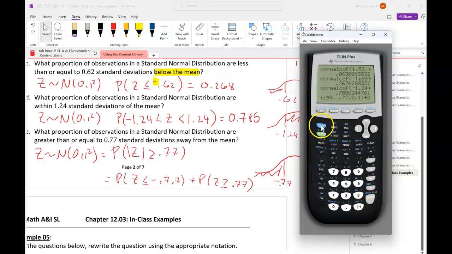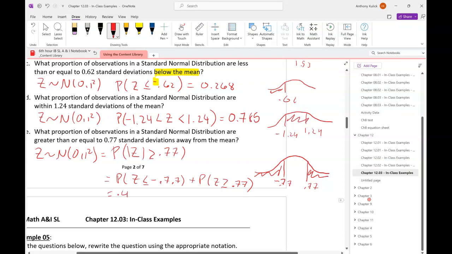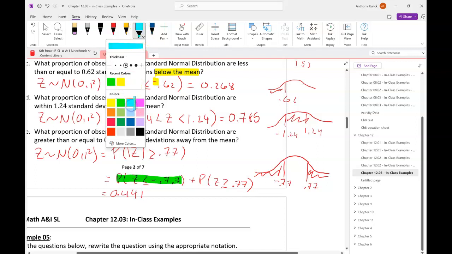And then plus that, do both of them. I got 0.441. Can anybody tell me something that they would expect about these two probabilities?